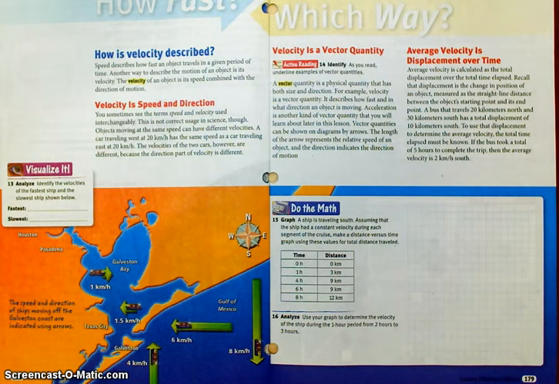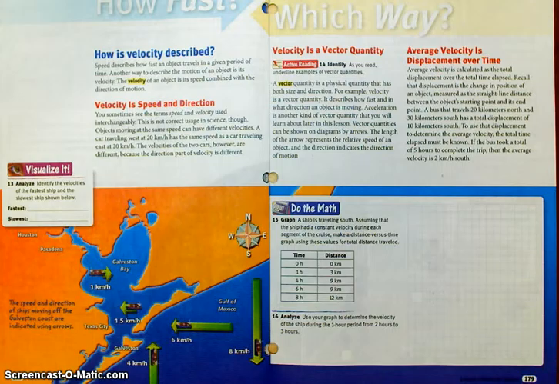Average velocity is calculated as the total displacement over the total time elapsed. We talked about average speed being total distance divided by total time, so they're very, very similar. Recall that displacement is the change in position of an object measured as the straight line distance between an object's starting point and its ending point.